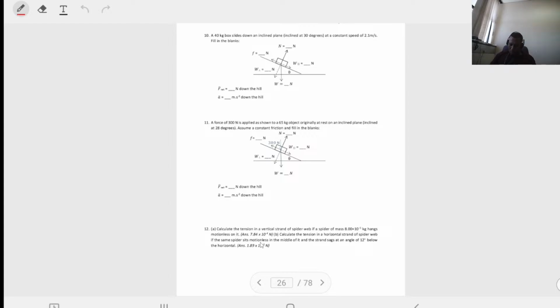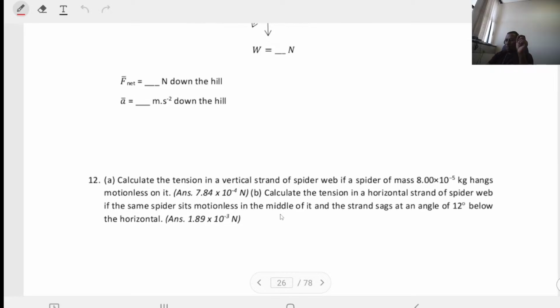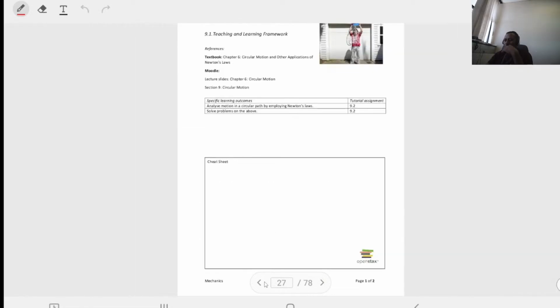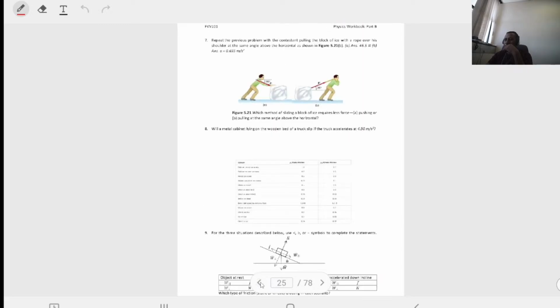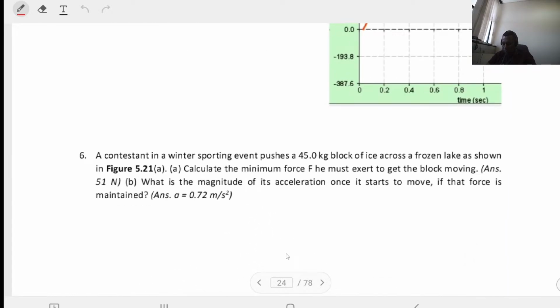This is where I was stuck and I said, what is Dr. Lindsay saying? It says calculate the tension in the string. No, it's not about this. It's a person pushing something on ice. Let me zoom in so that we read together.